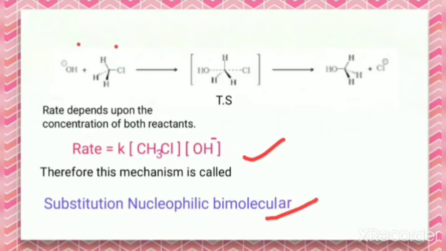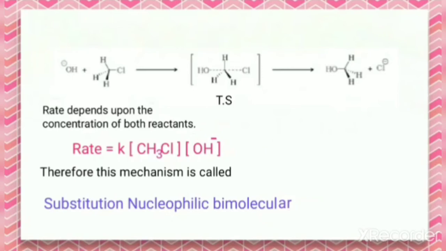So why is it called substitution nucleophilic bimolecular? Because in the rate determining step, the concentration of both reactants plays an important role in deciding the rate of the reaction. Therefore, we can call it bimolecular.